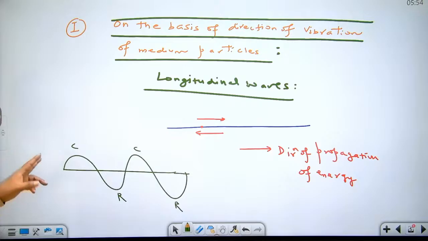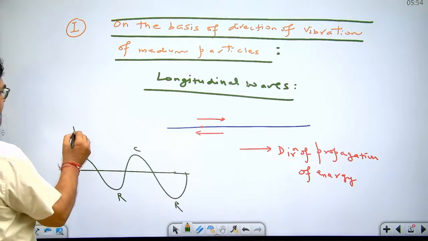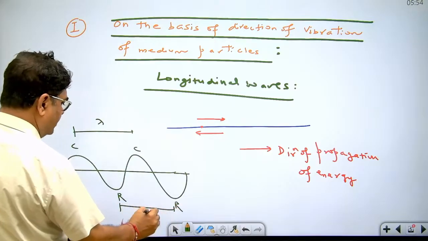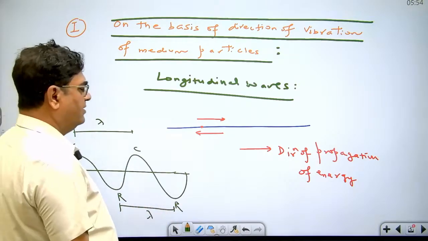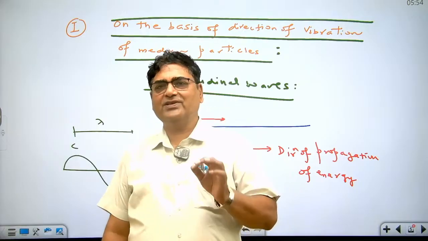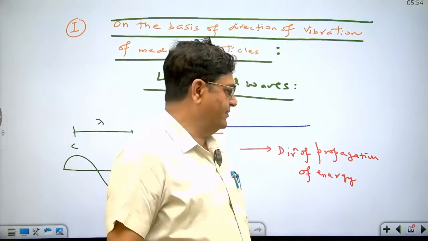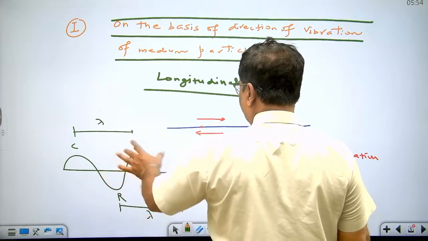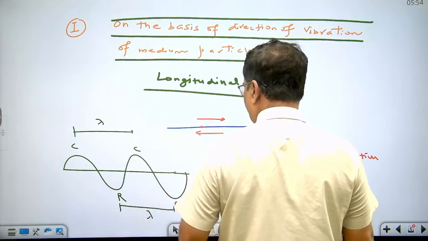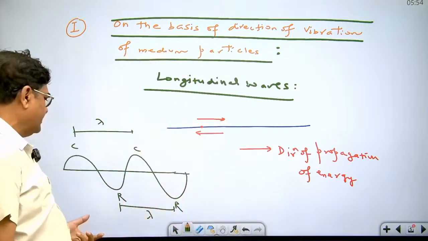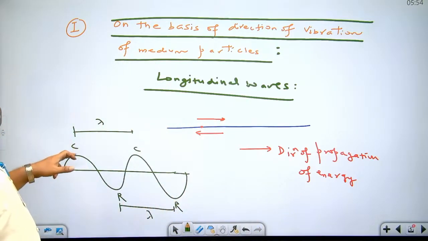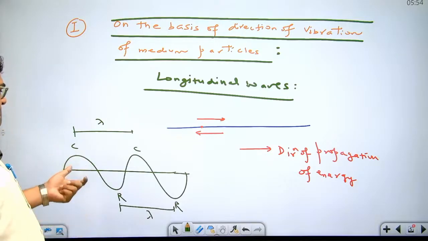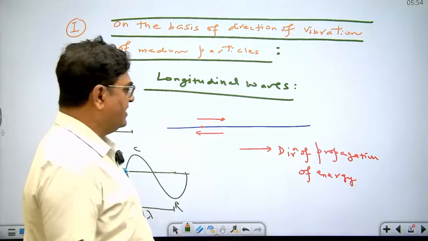Always remember, distance between any two consecutive compressions is lambda, and distance between any two consecutive rarefactions is also lambda. Distance between consecutive compression and rarefaction is lambda by 2. So particles at any two consecutive compressions remain in same phase. Particles at any two consecutive rarefactions also remain in same phase. And the particles at consecutive compression and rarefaction remain in opposite phase. And the distance between consecutive compression and rarefaction is lambda by 2, where lambda is wavelength.